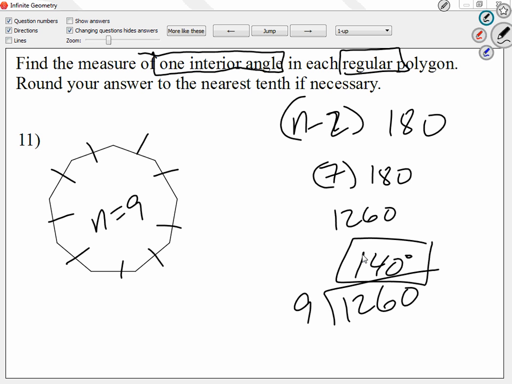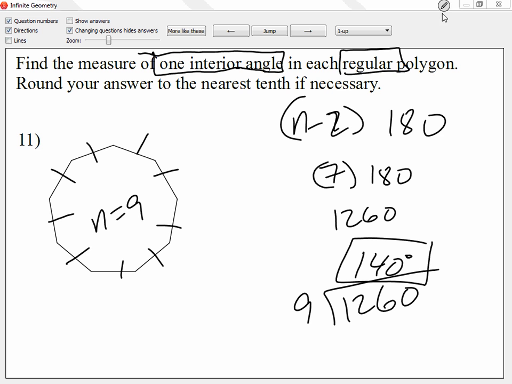For the front side, the sum of the angles, the first 10, there will be no decimals, even though it says round your answer to the nearest tenth. The back side, you might. I'm not going to say you will, but you might. Once you divide, you might have a decimal.